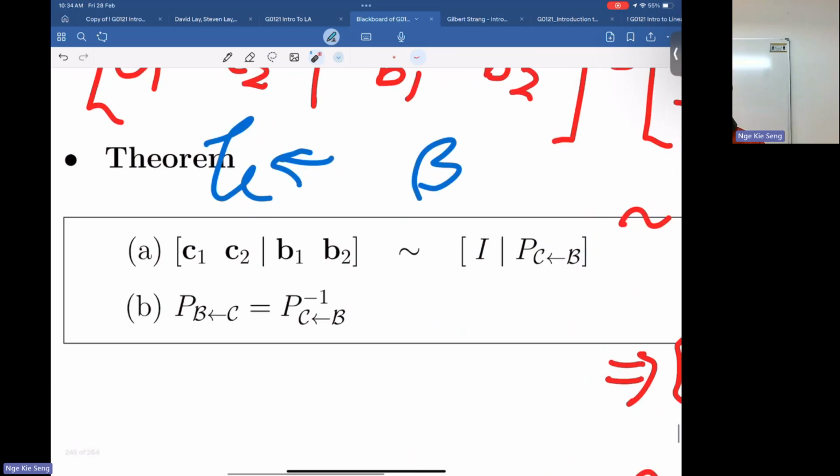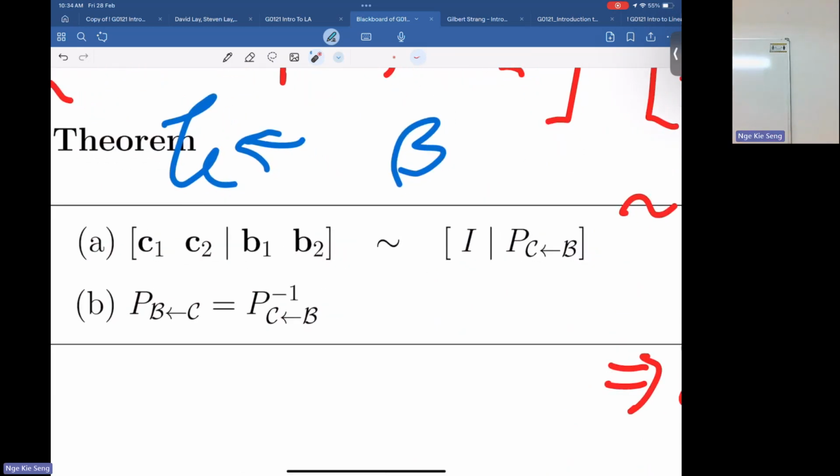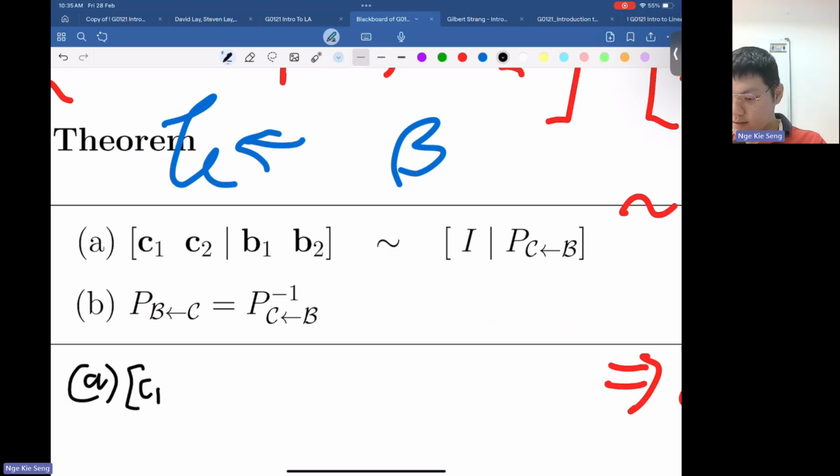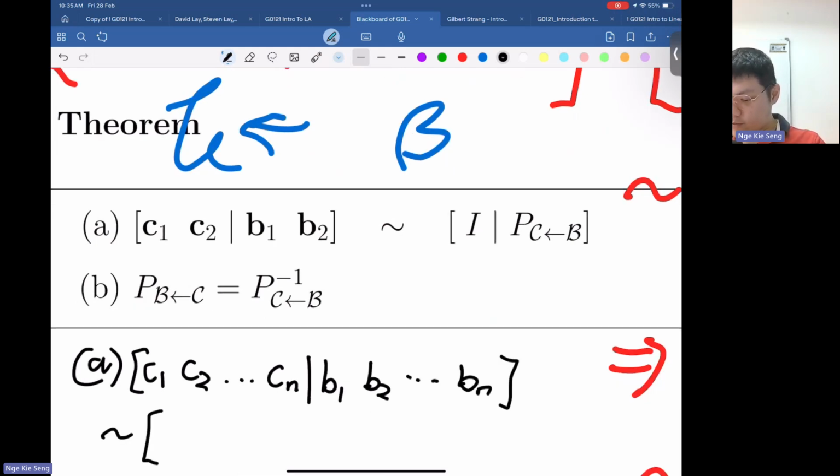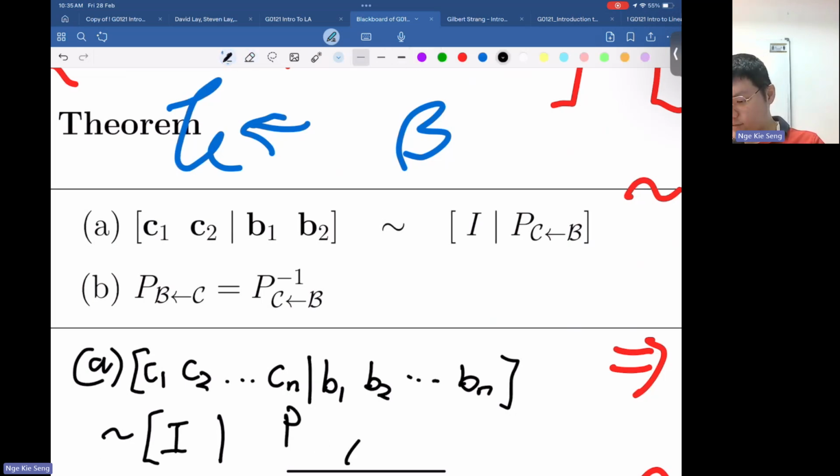Okay, so the theorem is this, and it is not restricted to two bases. You can put C1 up to Cn. So in general, you should have [C1 C2 ... Cn | B1 B2 ... Bn] is row equivalent to [I | P from B to C].